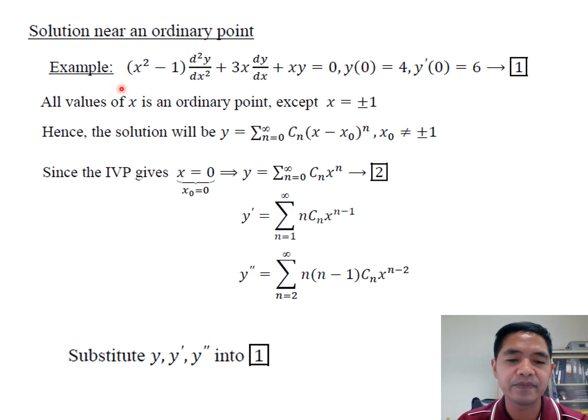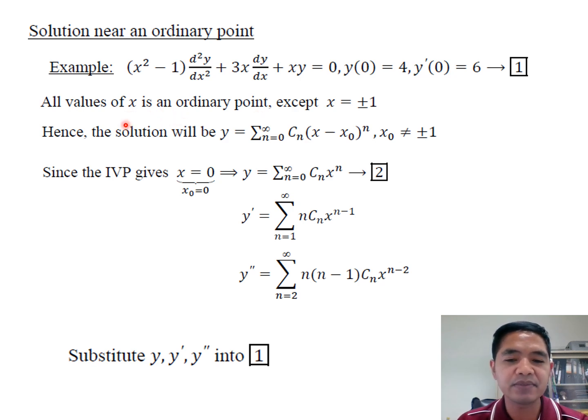you have to think about what makes this term go to 0, which is x equal to plus 1 and minus 1, right? So when x equals plus 1 and minus 1, this term goes to 0. So these are the values that make it a singular point.